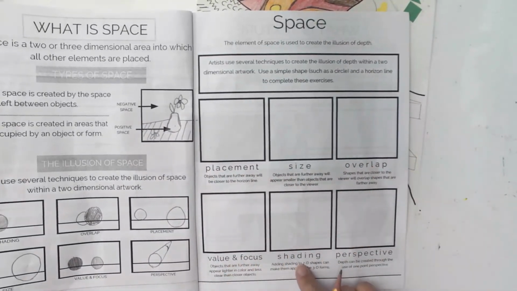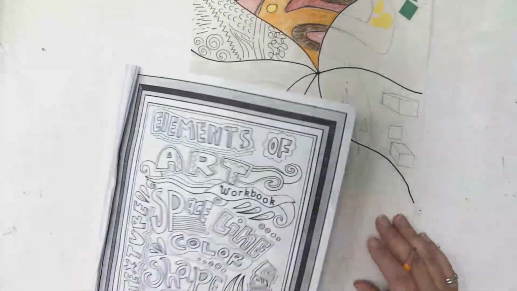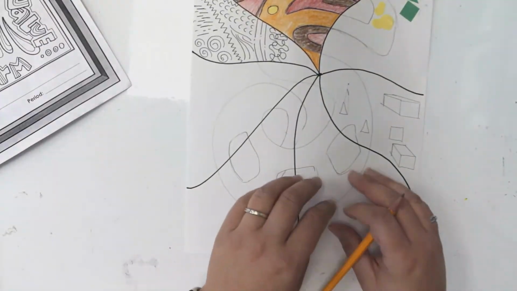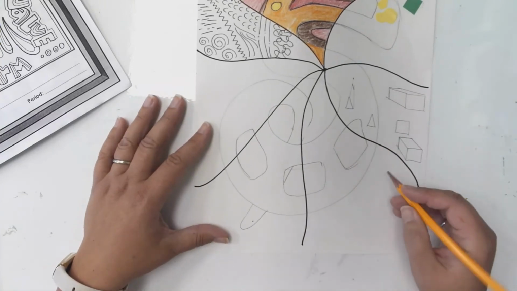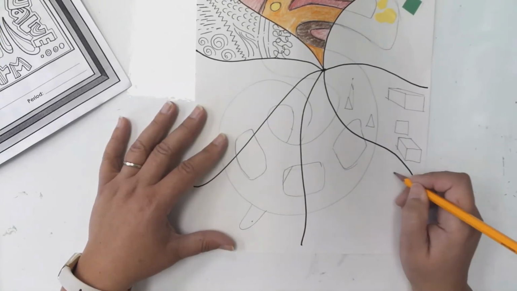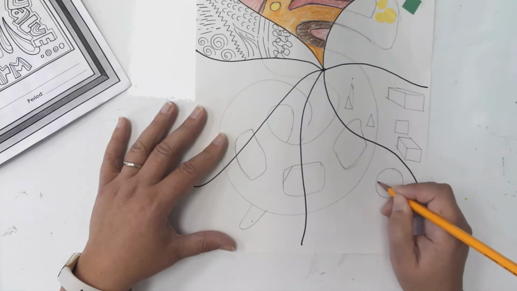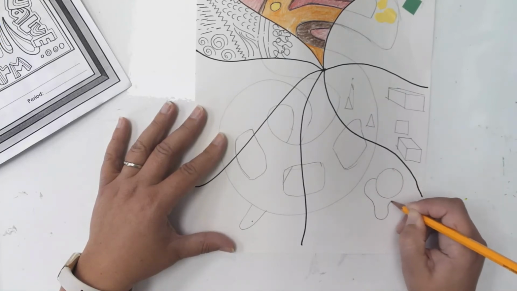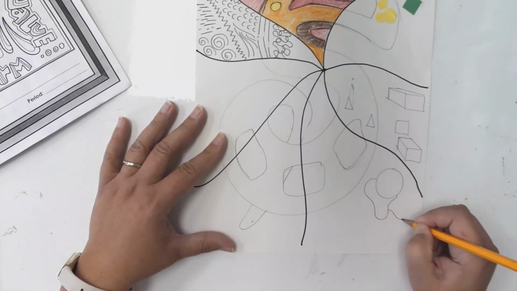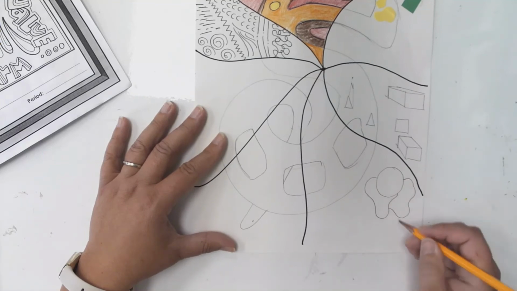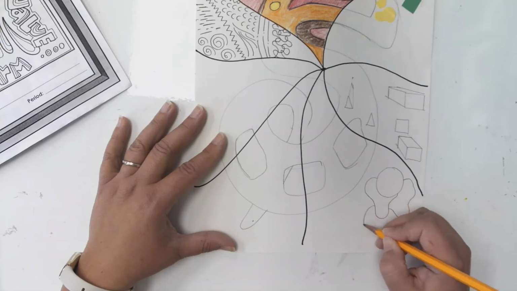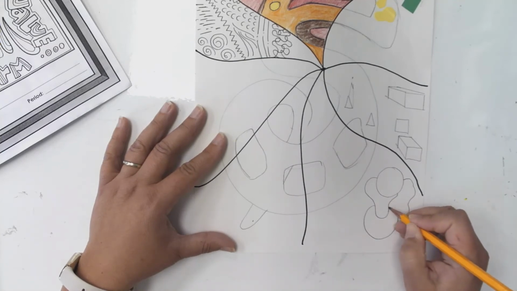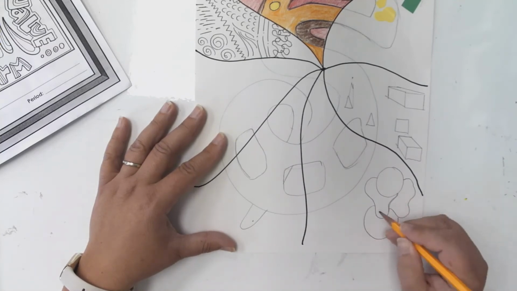That means placement, size, overlap, focus, shading, perspective, all right? And you're going to create different kinds of shapes using that technique. So for example, here, I might do overlapping. I'm going to do some squiggles and then make something go under, just to make it look like it's overlapping.